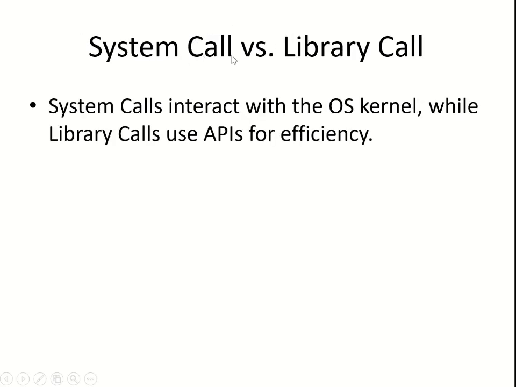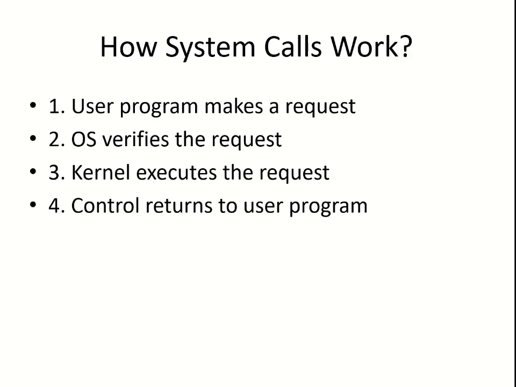And now, system call versus library call. System calls interact with the OS kernel, while library calls use APIs for efficiency. How do system calls work?